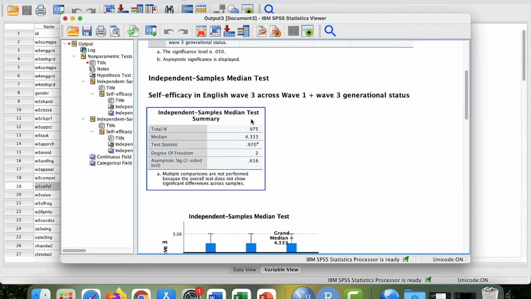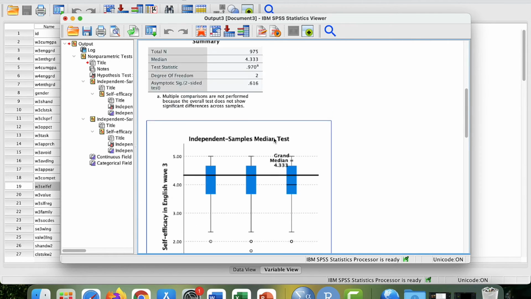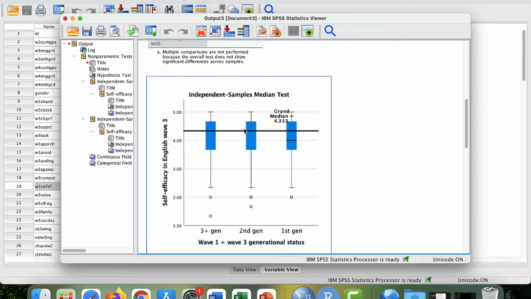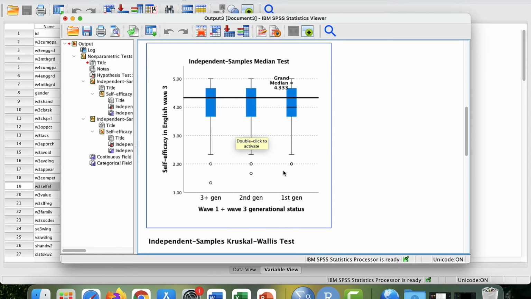This gives us the total sample size, so this is combining across the 3 generational groups, and the median on self-efficacy across the 3 generational groups you can see is 4.33 out of 5. That's pretty high. Suggests that there is probably some skew here. And then here is a comparison of the medians across the 3 groups.